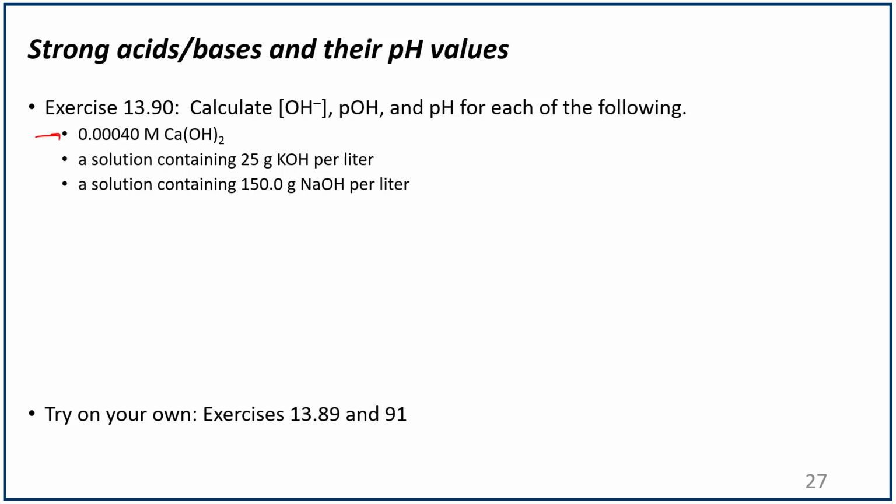So calcium hydroxide is also a strong base, or is a strong base. Okay, so therefore here the concentration of OH- should be equal to, this one just shows that for every 1 mole of calcium hydroxide, okay, you have 2 moles of hydroxide ions.